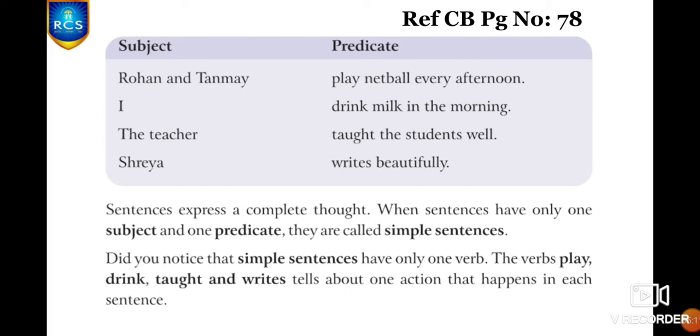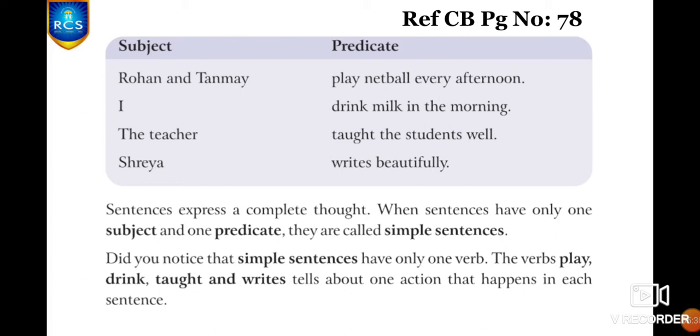Rohan and Tanmay play netball every afternoon. Here, Rohan and Tanmay are the persons who are mentioned in the sentence, that is nouns, right? So, we call them the subject. Play netball every afternoon is the predicate.